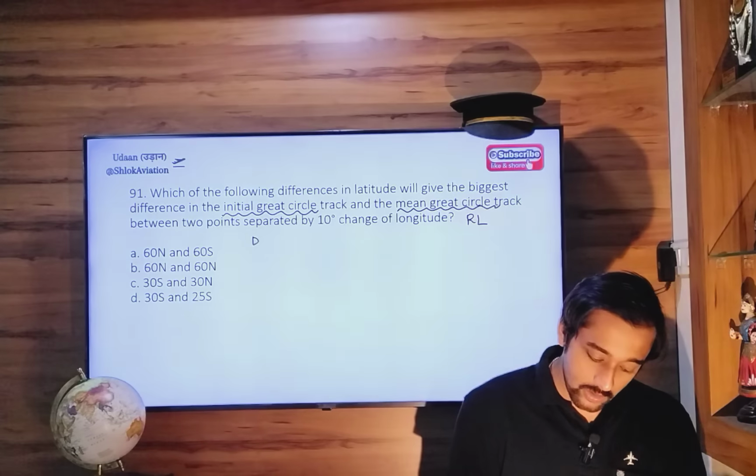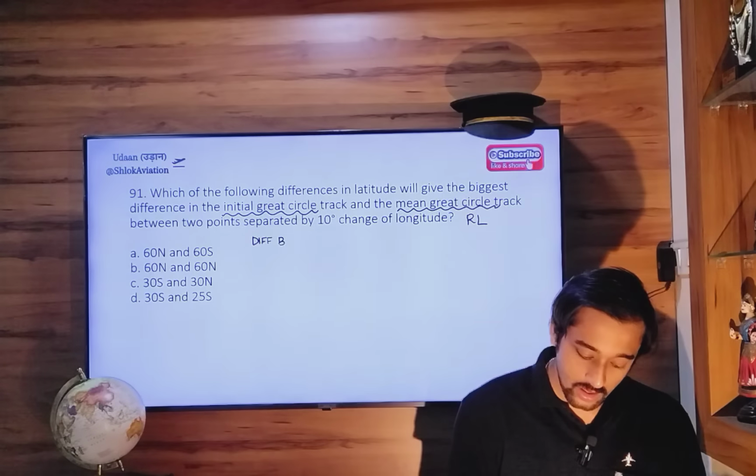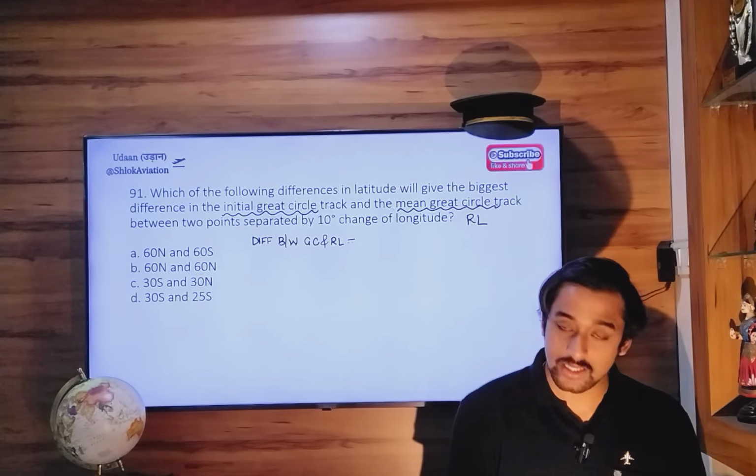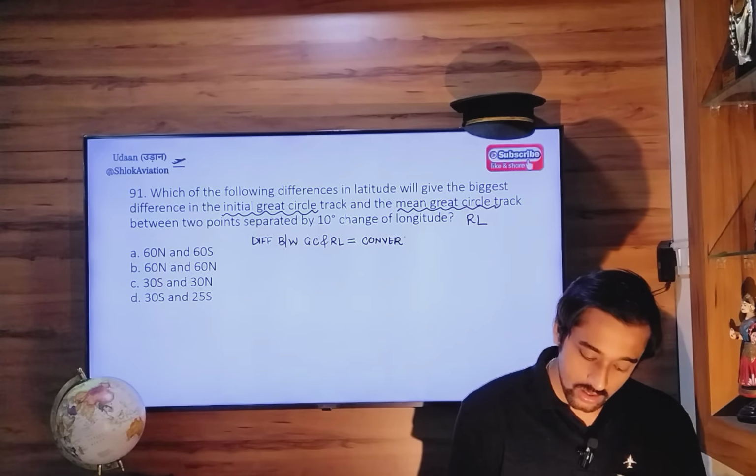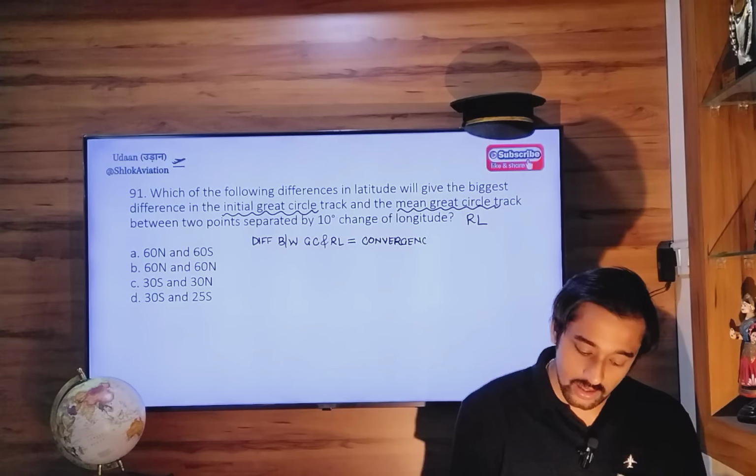Now the difference between a great circle track and rhumb line track is nothing but convergency angle.